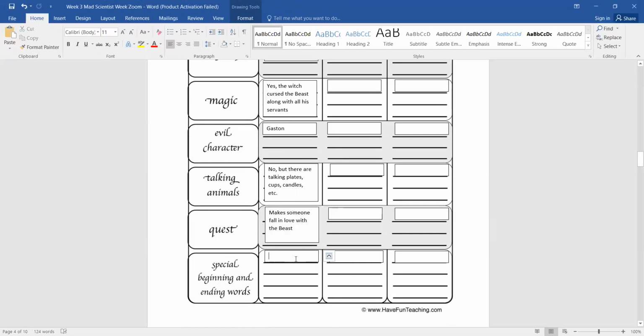Okay, special beginning and the end words. Yes, once upon a time, and then the end is, what happens? They lived happily ever after.